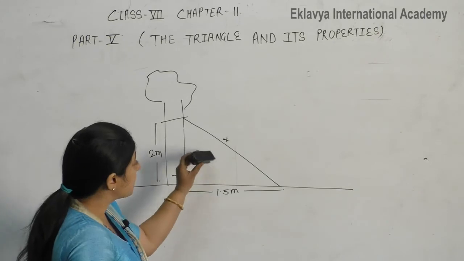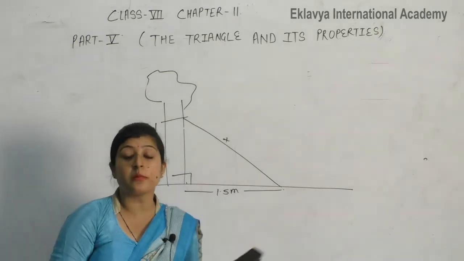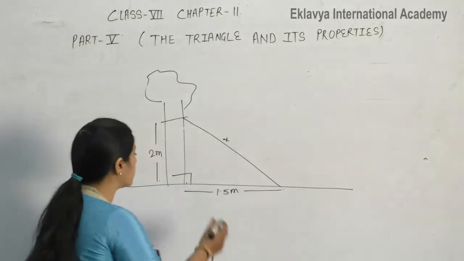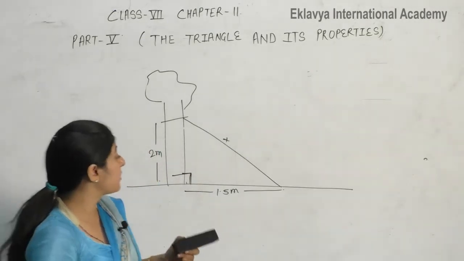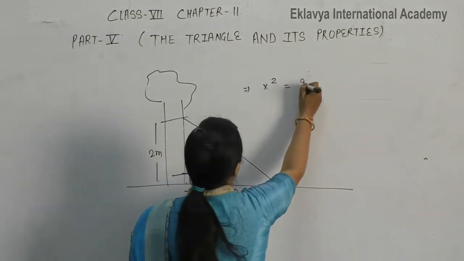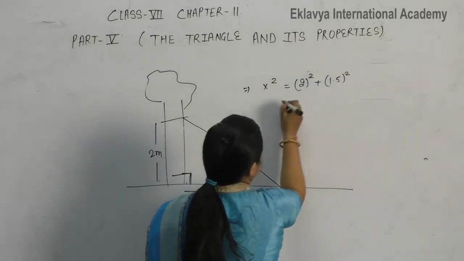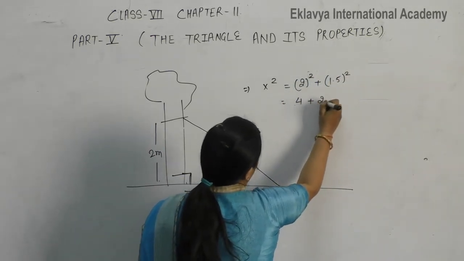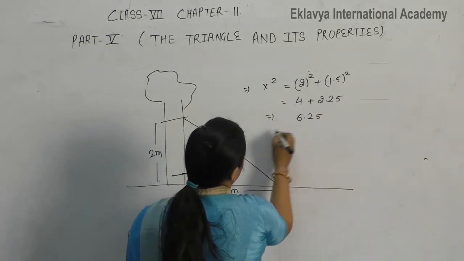See, this type of question you can see easily. This is also making a right angle triangle because its angle is 90 degree. So we can apply Pythagoras theorem easily. Using Pythagoras theorem, hypotenuse square is equal to base square plus perpendicular square. 1.5 square is 2.25, it becomes 6.25.